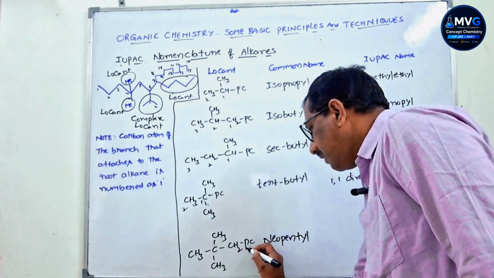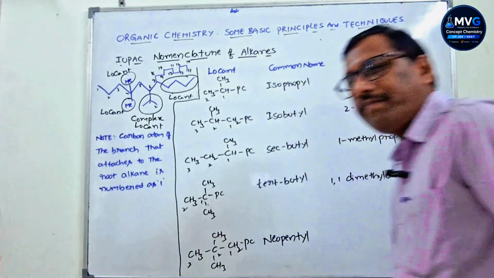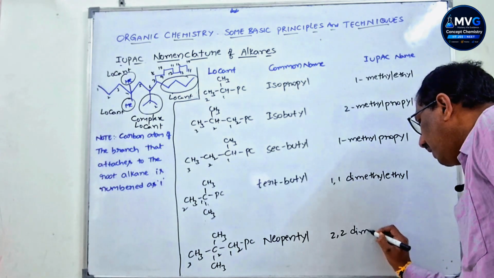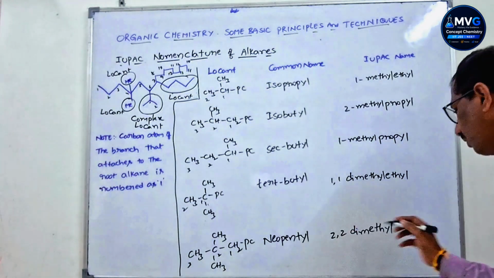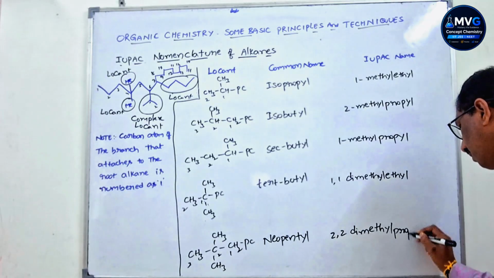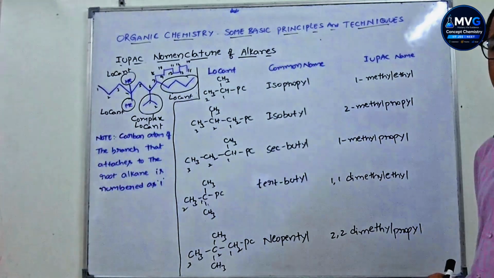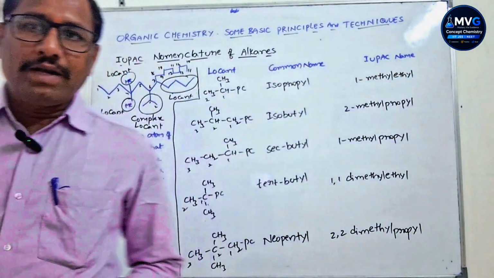Okay, next, it is directly connected with the PC, so from here we should give the numbering 1, 2, 3. Now here, students, it is 2,2 dimethyl, root word propyl, 2,2 dimethyl propyl. Okay, like this we can give the naming, students.